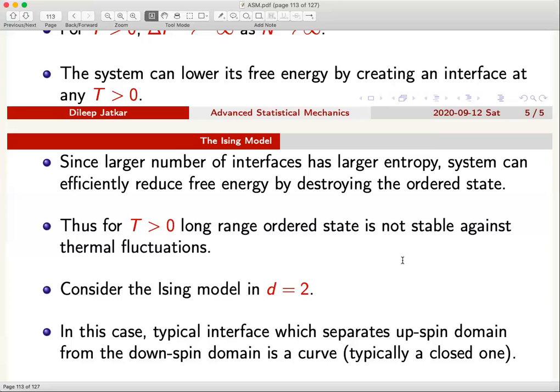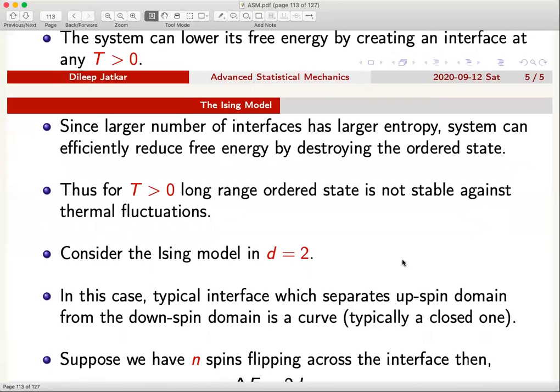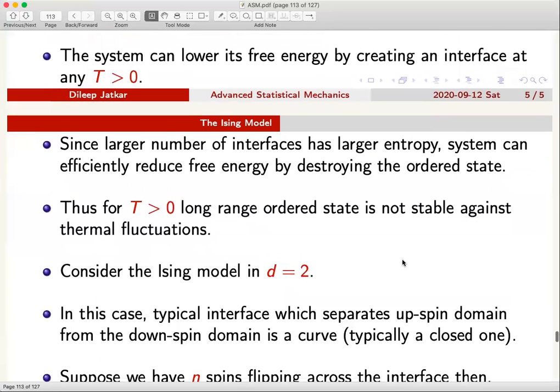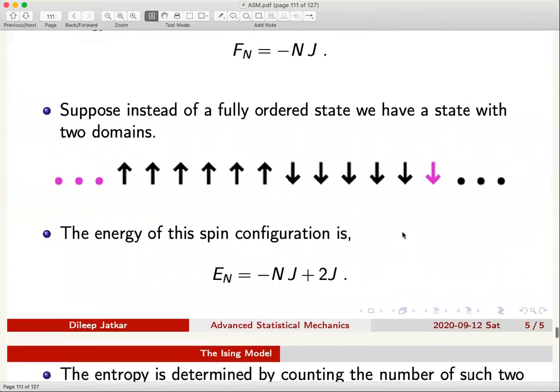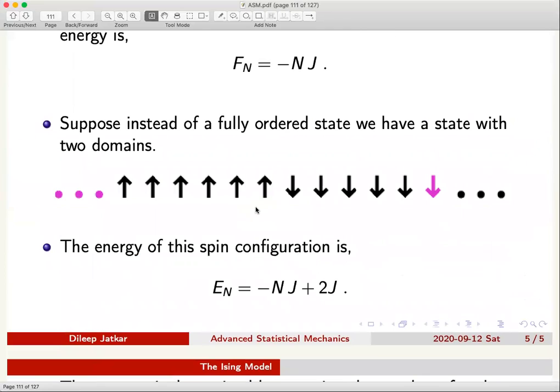Fine. Sir, what do you mean by the shape of the interface? Let's go back to the picture above. I was trying to draw it for the 2D Ising model also, but it was taking too much time. Imagine something like this. This is one line. You draw another line, but instead of having an interface at this location, you shift it here, and then shift it again back to the original position.